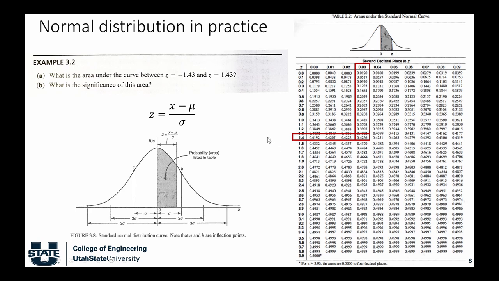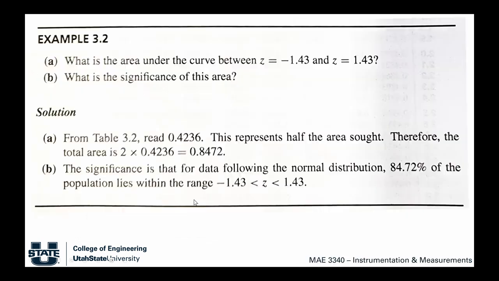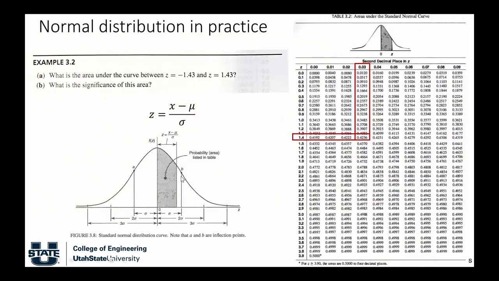Now, what is the significance of the area under the curve? Well, that is the probability of something occurring within this range. So you can see we are a little bit under this range right here where we are defining the uncertainty bounds.